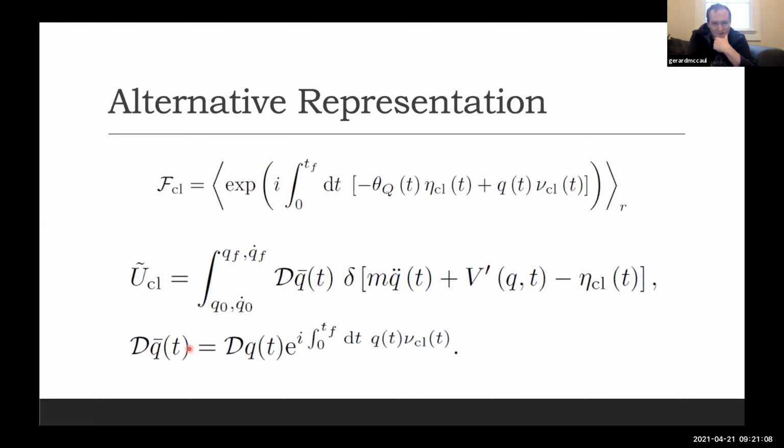But in order to express it like this, I have to weight the measure, so that each path has some kind of phase factor that depends on this random noise. So this, in some sense, tells us that when we took this heuristic classical limit, yes, the new noise dropped out of the equation of motion, but the part that we couldn't see was that the proper way of taking the average now has to involve that weighting.